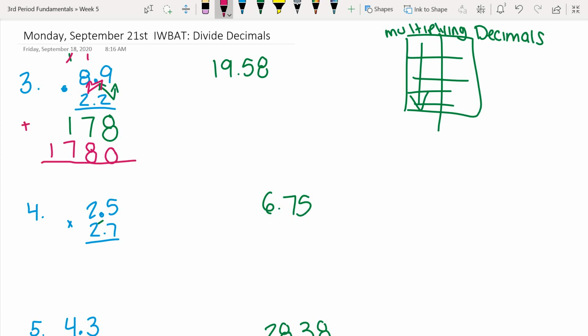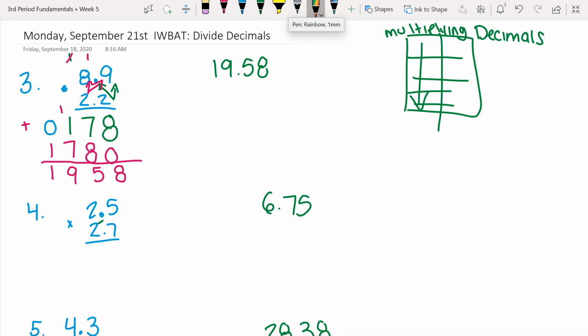And then we add our numbers straight down. 8 plus 0, that's 8. 7 plus 8, let's see, that is 15. So I put my 5 down, carry my 1. 7 plus 1 plus 1 is 9. And then there's actually another placeholder, 0. So it's really 0 plus 1 is 1.